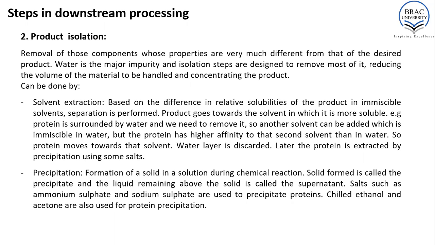Product isolation is the removal of components whose properties are very different from those of the desired product. So we just purify the product. Water is one of the major impurities, and isolation steps are designed to remove most of the water, reducing the volume of the material to be handled and concentrating the product.